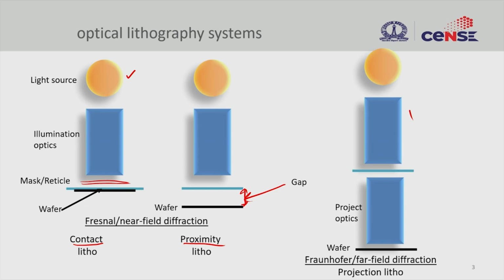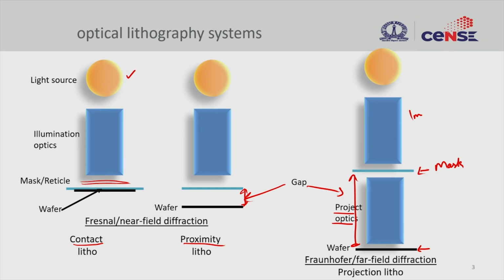And a completely more sophisticated technique here: on the top, it looks exactly like the near field imaging, but the only difference is you have the illuminating optics on the top, and this is your mask, and then you have what is called projection optics, and then your wafer. So now the gap is very large, but not only large, you have a dedicated optics. And this is what we call projection optics.